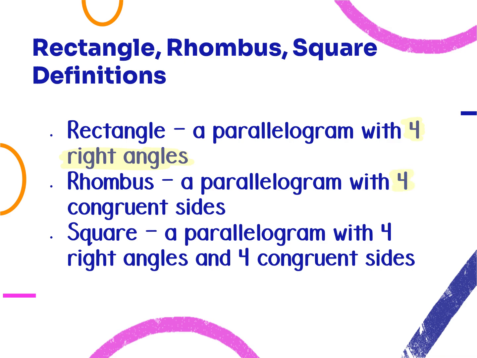Rhombus has 4 congruent sides. Rectangle, 4 right angles, rhombus, 4 congruent sides. And then a square has the properties of both a rhombus and a rectangle. So it's a right angle and 4 congruent sides.